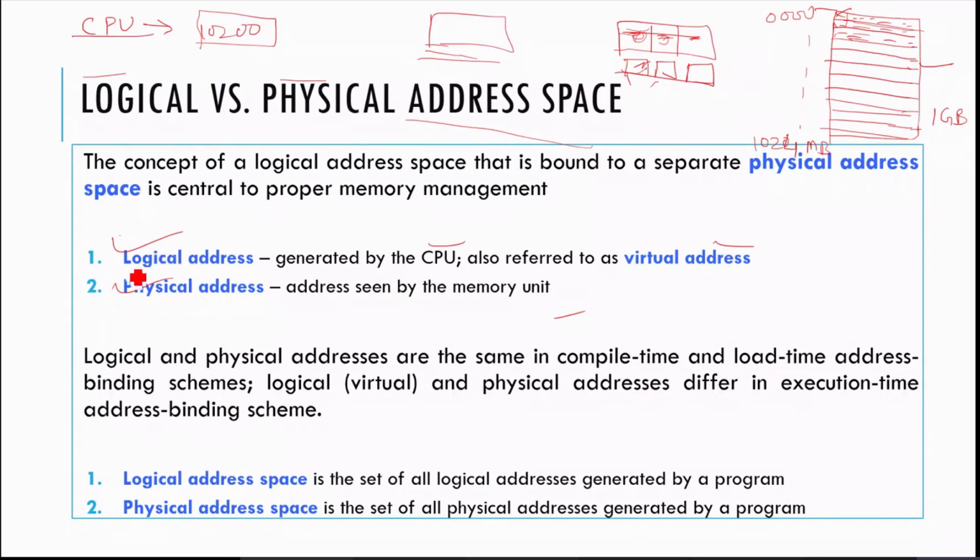Logical and physical addresses are the same at compile time and load time in the address binding schemes, but logical or virtual and physical addresses differ at execution time. Why? Because at that time the seating and everything happens.